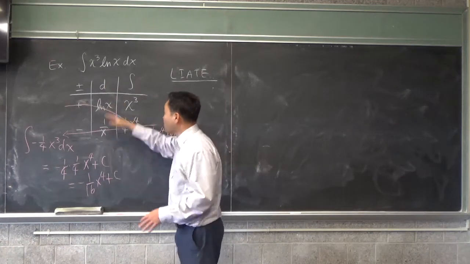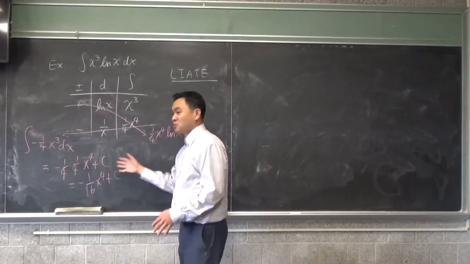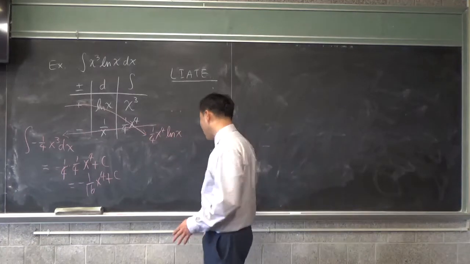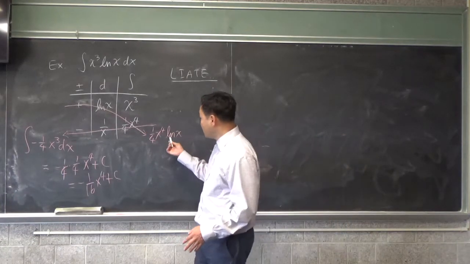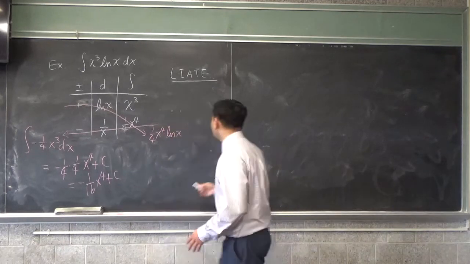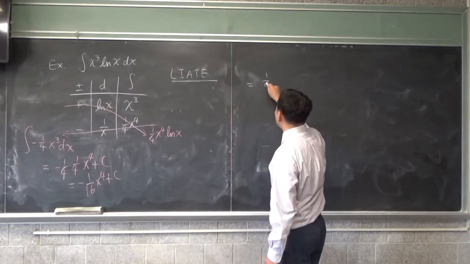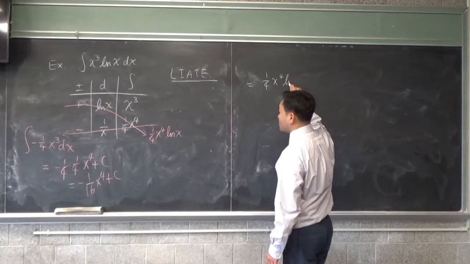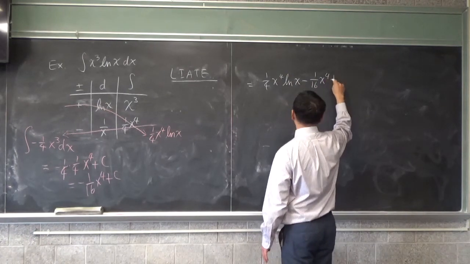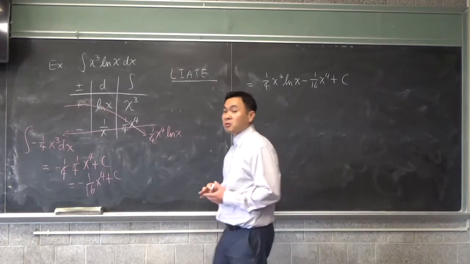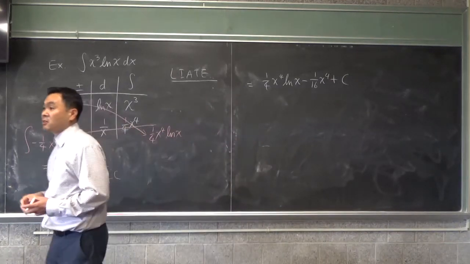But I really like this method much more, so just try applying this for every integration by parts question. Okay? So what's the final answer? This plus this, right? So the answer is 1/4 x to the 4th ln of x minus 1/16 x to the 4th plus c. And if you check with the earlier answer, you'll see that they're exactly the same.